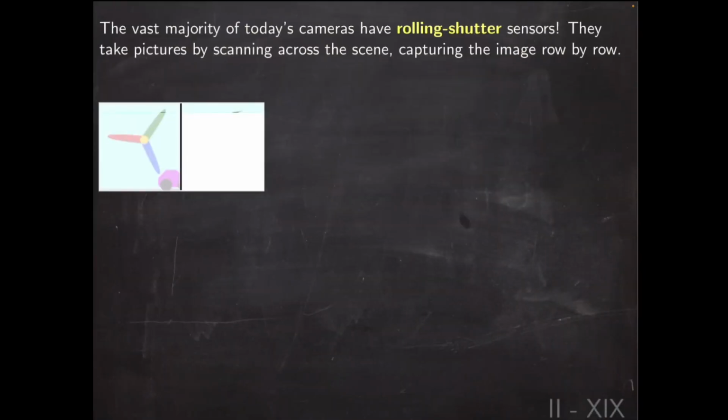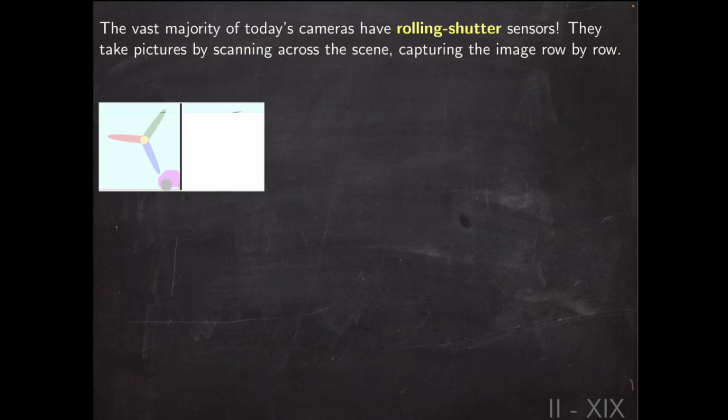You think of a camera taking a picture by just, you stand somewhere, you take a picture of a scene, like here is a scene on the left, and you think that the picture is taken at a time instant, and then you just get a 2D picture. But that's actually wrong for these rolling shutter sensors.